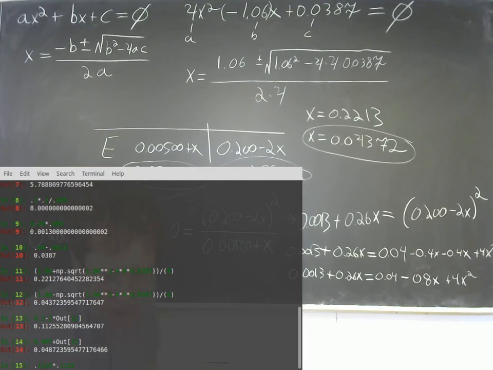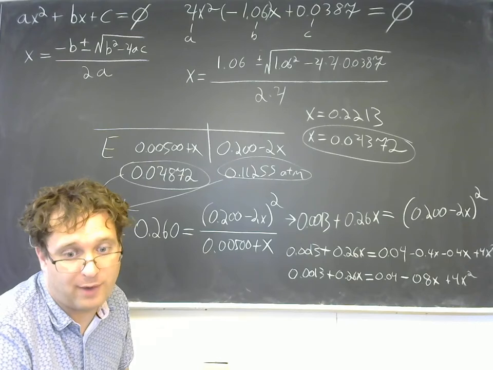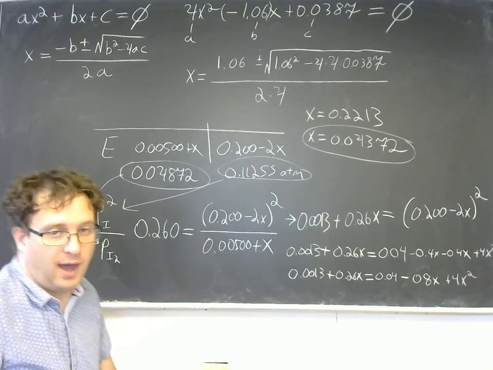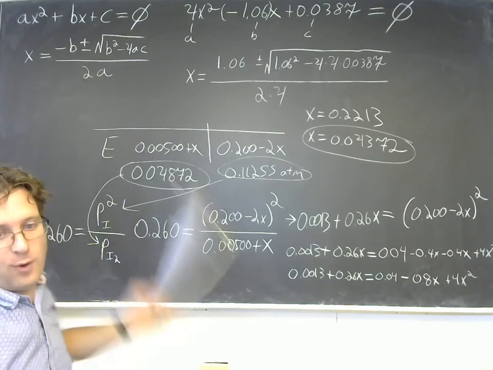We'll square it. That's the pressure of iodine atoms squared, divided by 0.04872, the pressure of iodine molecules, and it equals 0.25977, or 0.260 when rounded to 3 sig figs, which is great. Math works. The quadratic formula worked.